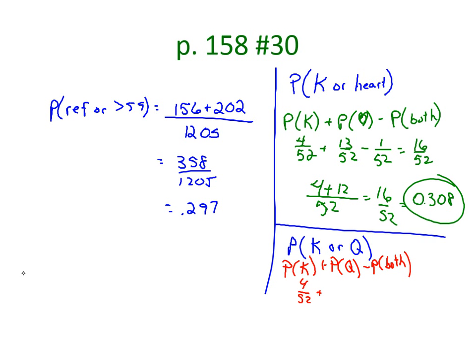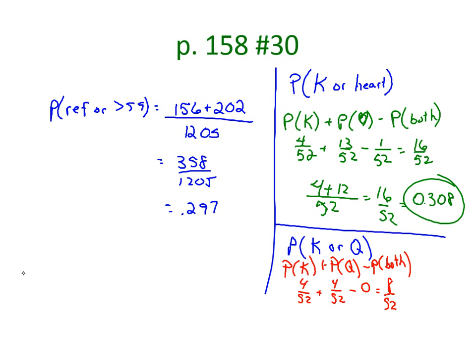Probability of queen? Probability that it's both. Okay, there's not any cards that are both a king and a queen. It's either a king or it's a queen. There's not any overlap. So you're looking at having 8 out of 52. So when I'm counting them in such a way that there's not any that are counted twice, I didn't have to worry about that this time because there wasn't any overlap.